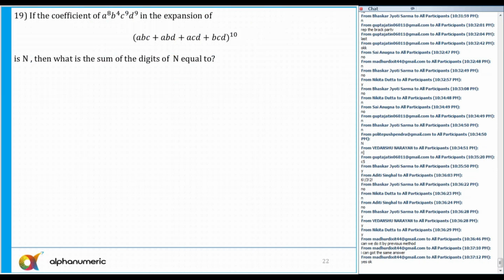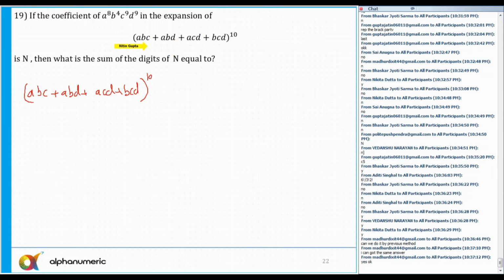Now tell me about this. Same logic as in the previous question. It's a symmetry. So if I take out ABCD as common, so this is ABC plus ABD plus ACD plus BCD raised to power 10.